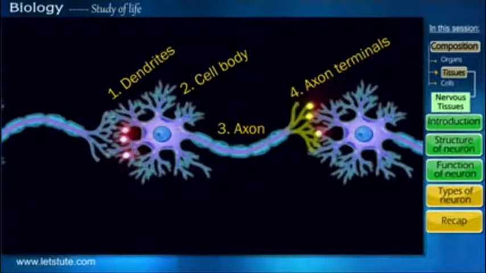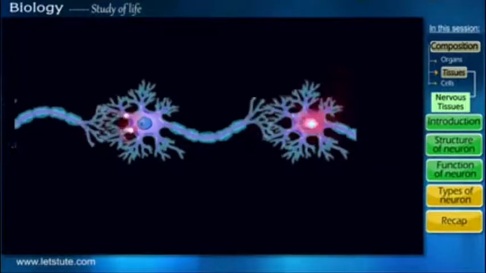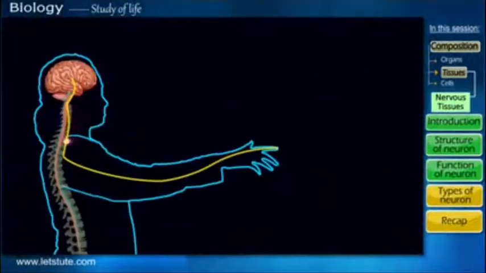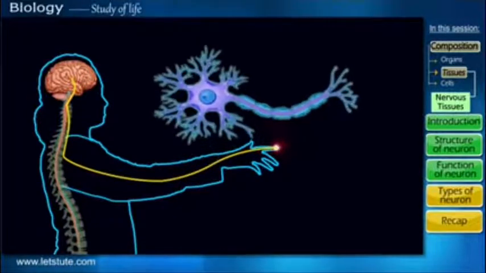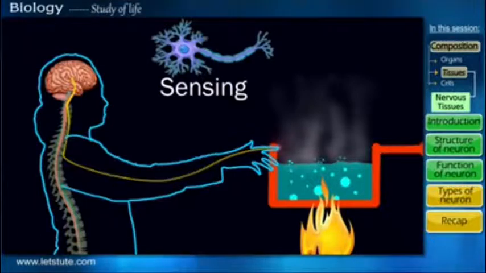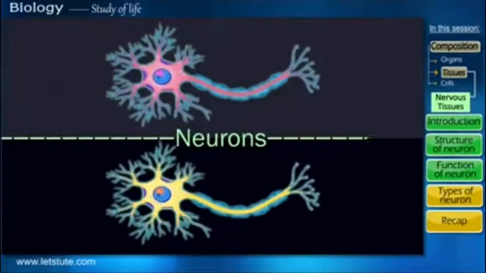Like that, the impulses move, students, till our brain. The brain has different parts where it decides what response we have to give, and again it gives back the signal to take out the hand or perform whatever function.